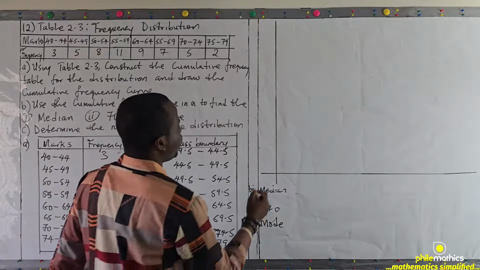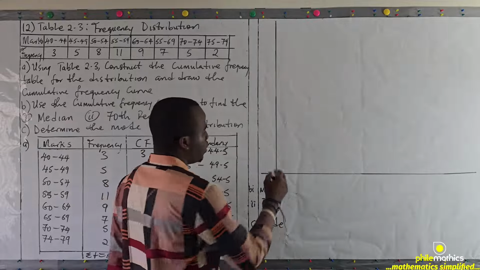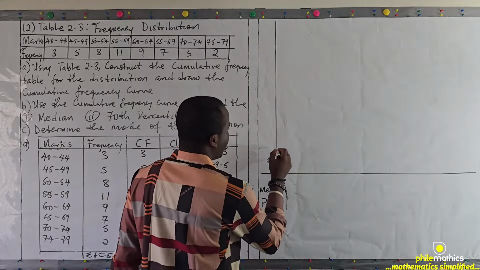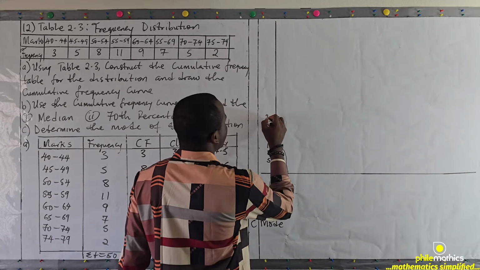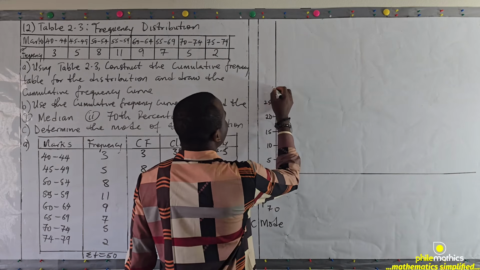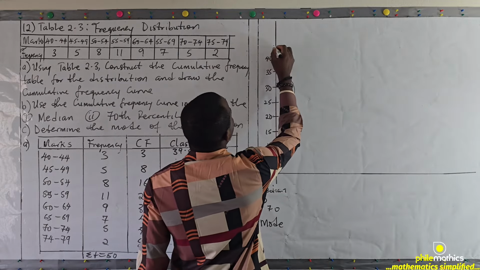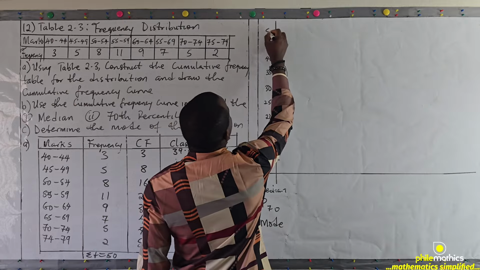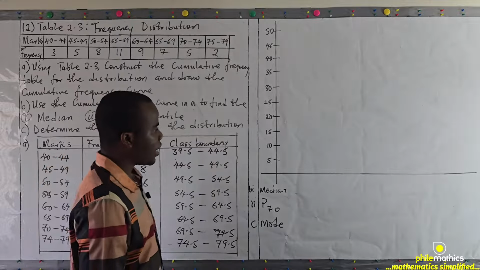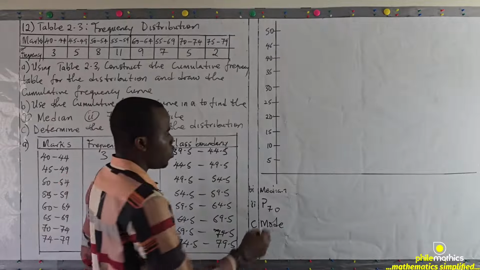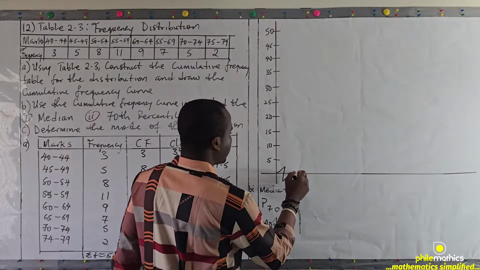Since it's up to 50, we can take 2 cm or 1 cm to 5 units. So this is 5, 10, 15, 20, 25, 30, 35, 40, 45, 50. And for this, we have 45 to 79. Since we did not start from 0, we can just do this and then start counting.